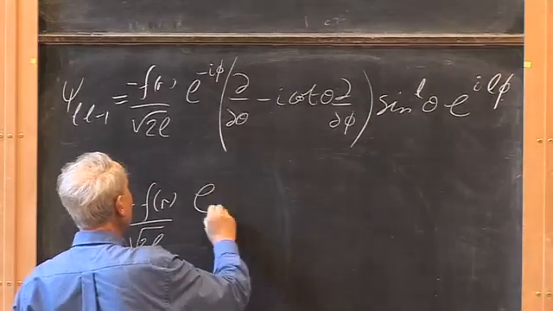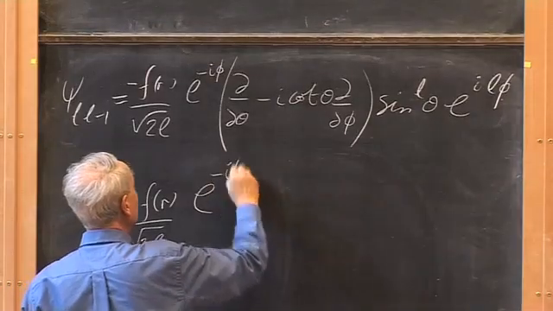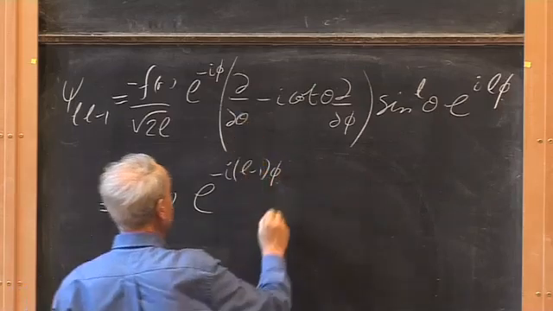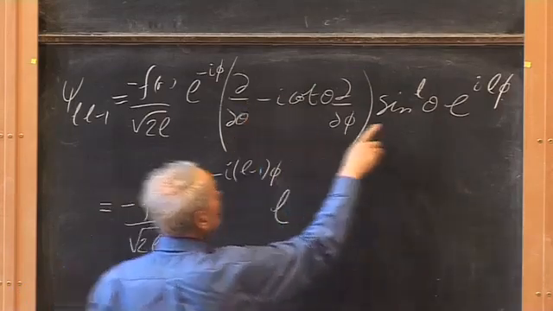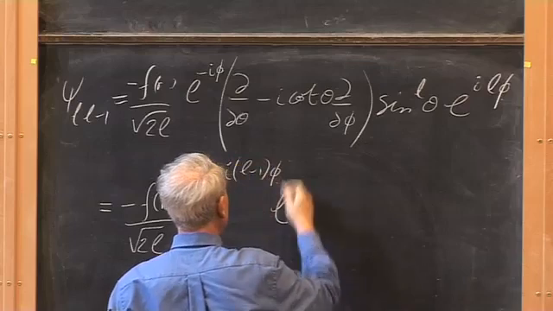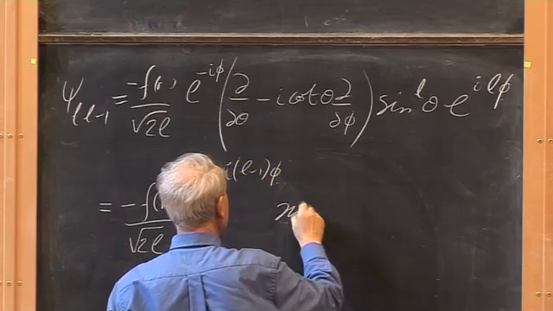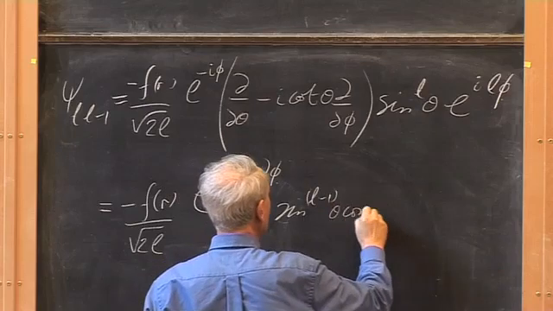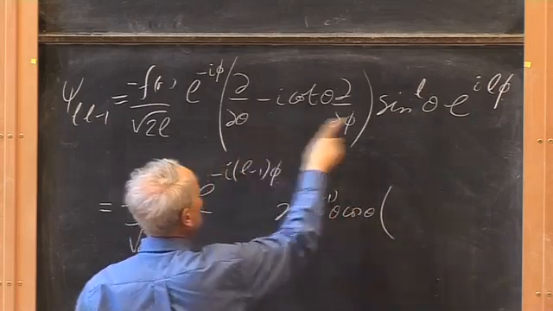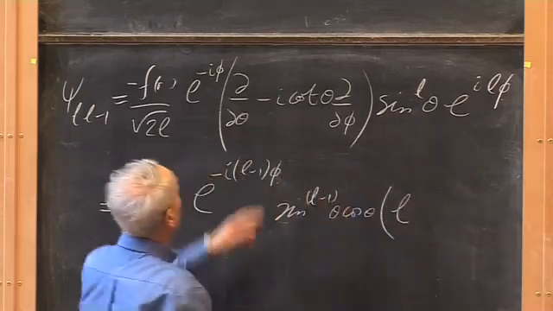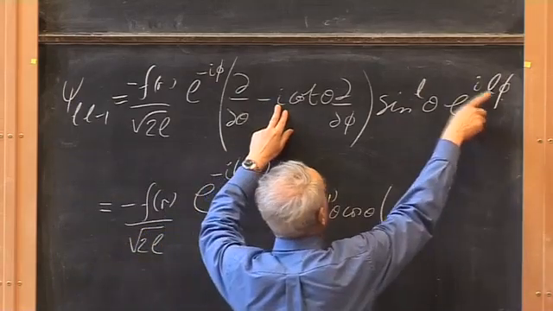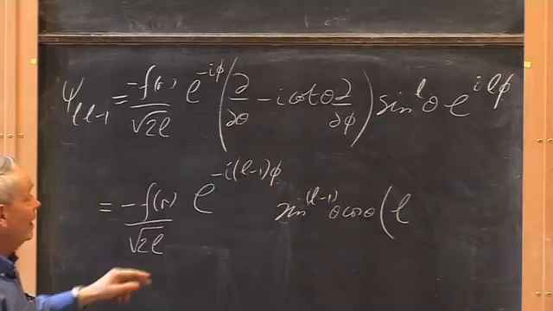times, everything's going to go like e to the minus i L minus 1 phi. And then from here, we're going to get an L. From here, differentiating that, we're going to get an L. Well, there's going to be a factor, sorry, of sine to the L minus 1 theta cos theta. And how many of them? From here, we'll have an L. And from here, we're going to bring down an L, well, an iL.